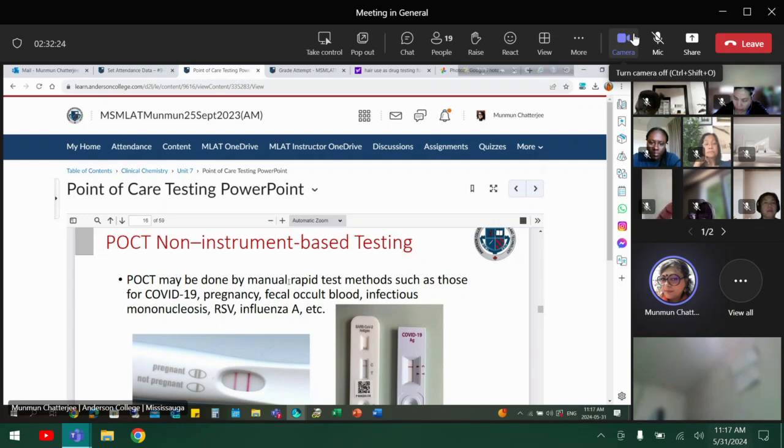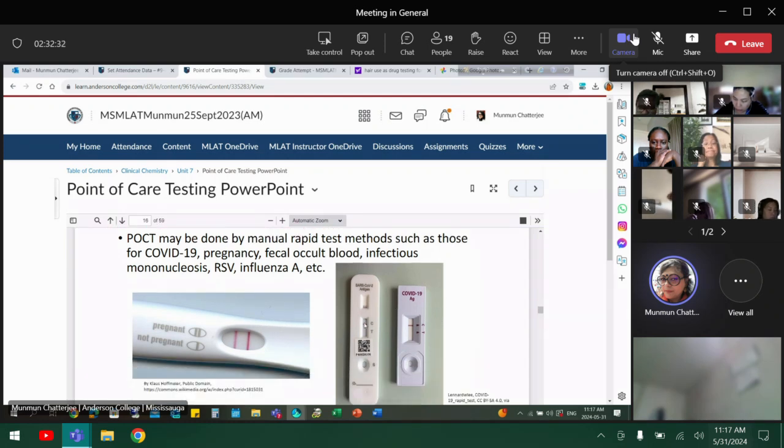POCT may be done by manual rapid test methods such as those for COVID-19. You have the strip, right? For pregnancy you don't need any instrument because it has an inbuilt control and test window. You put the urine or blood or serum or saliva, anything, and it's going to run. That is based on immunochromatography.